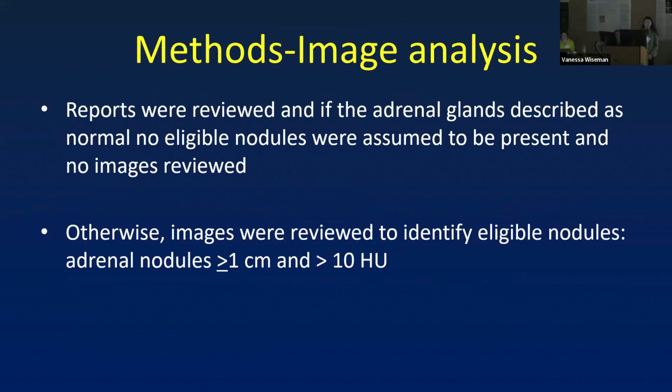First, reports were reviewed, and if the report stated normal adrenal glands, no images were reviewed. Otherwise, images were reviewed to identify eligible nodules that were 1 centimeter or greater and greater than 10 Hounsfield units.